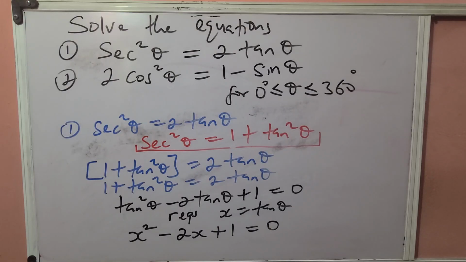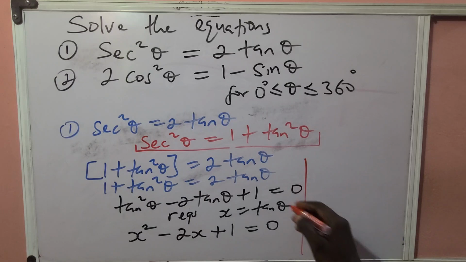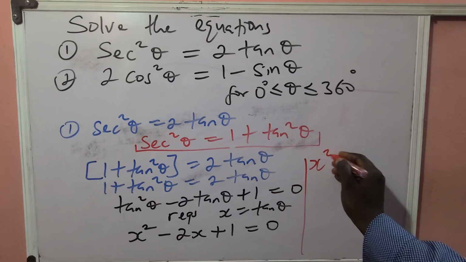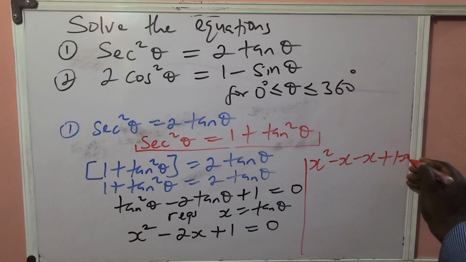So what we need to do next is to solve the quadratic equation. If you want to solve this equation, obviously, you can go on to split this using factorization technique. You will have x squared minus x minus x plus 1 equals to 0.